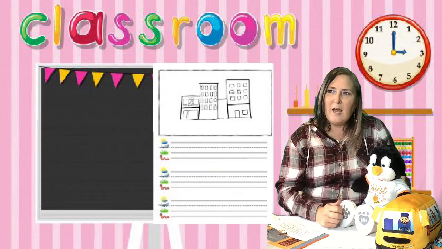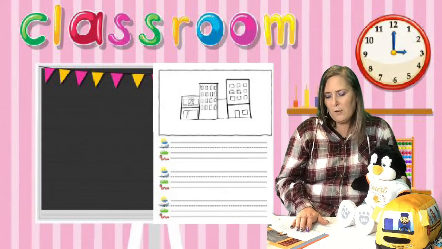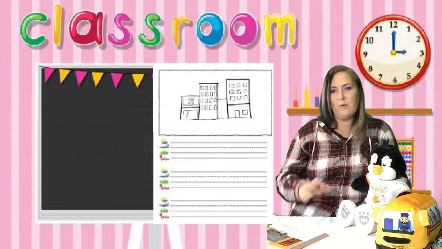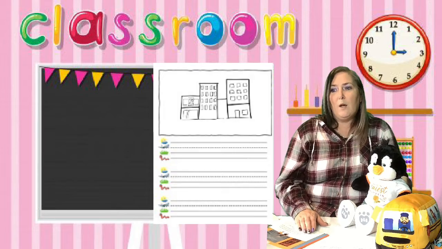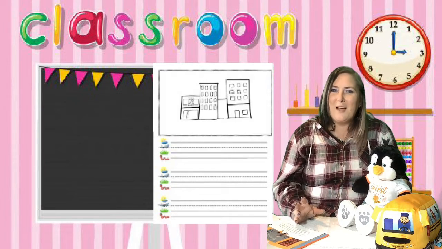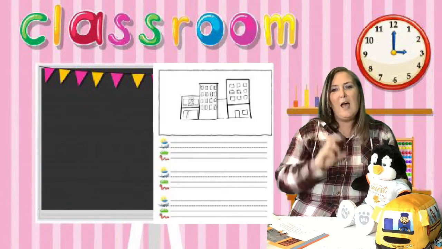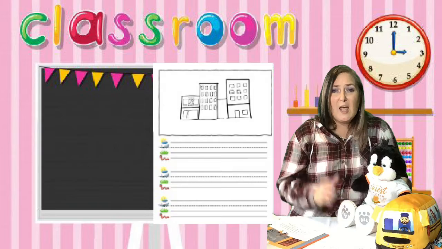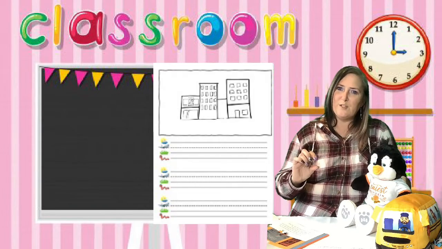If you decide to go a whole different route, and instead of making yours look like crumbling sidewalks and broken down doors and graffiti tagged windows, if you'd like to make yours look different, maybe you want yours to be something different. I'm not going to tell you what, because I want to see what you come up with. If you want yours to be different, have a grown-up or a learning coach help you write down underneath what your different describing words are.